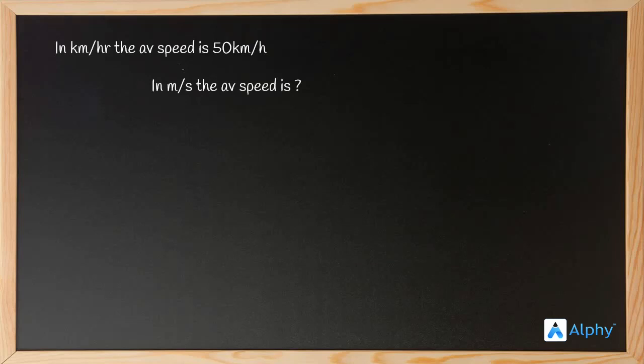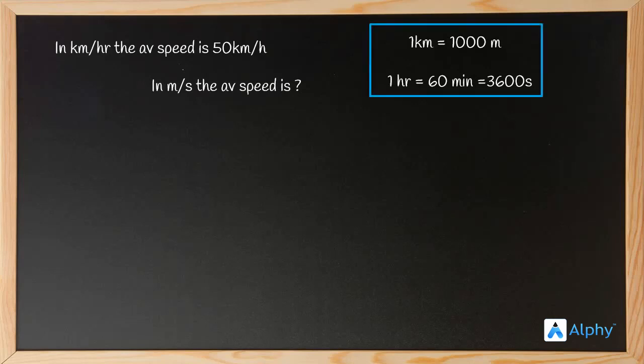For that, we need to first know how to convert. 1 kilometer is 1000 meters, and 1 hour is 60 minutes, or in seconds it is 3600. You have to remember this value. For 1 hour it is 3600 seconds.